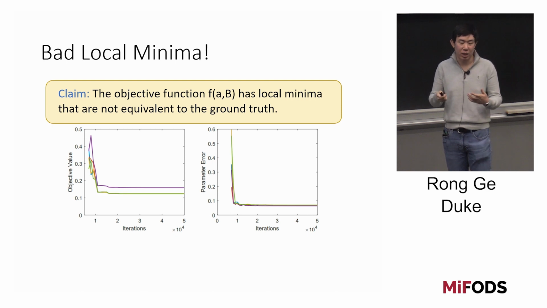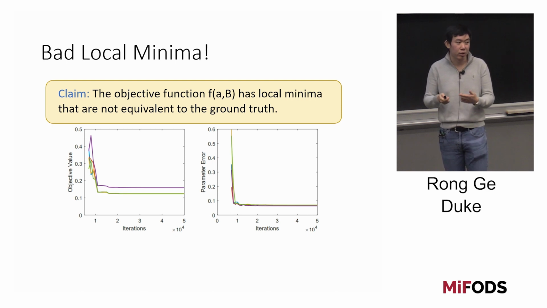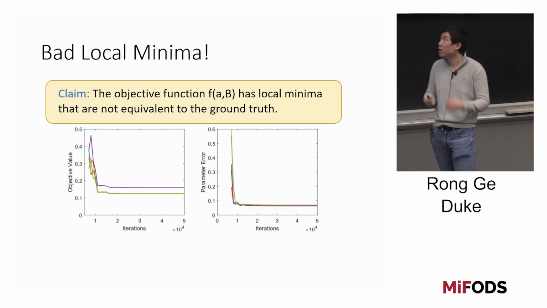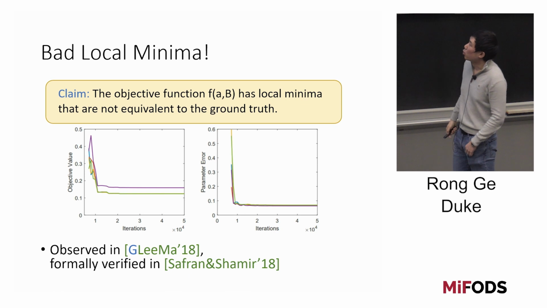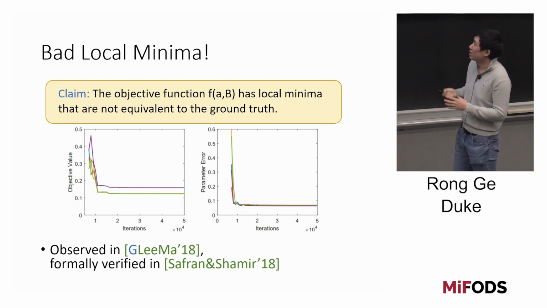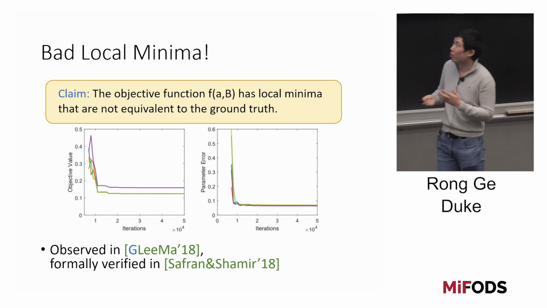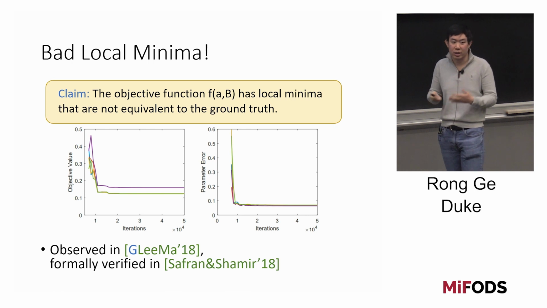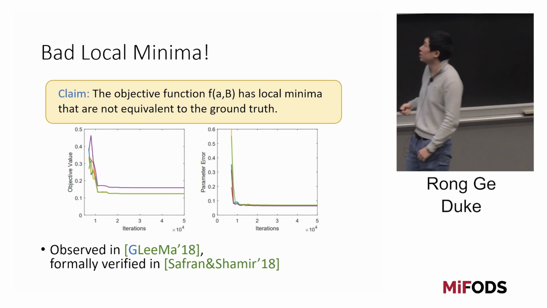If you run it in practice, you will run into these bad local optimal solutions. You will be stuck there, and you will not be able to get 0 training error. So we empirically observed this in our paper, but later it was formally verified. So there are indeed local optimal solutions in this case.